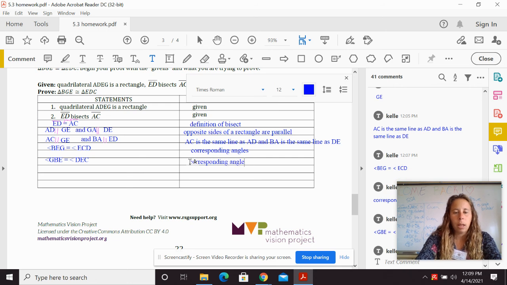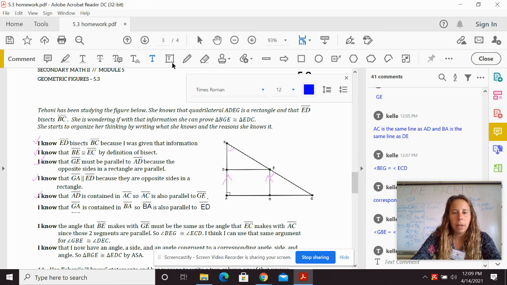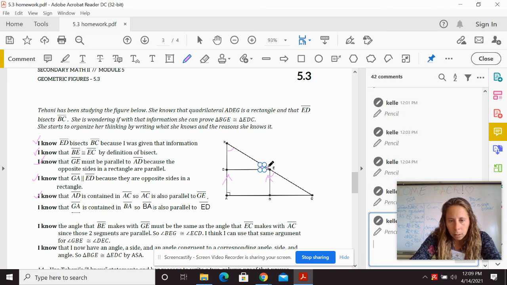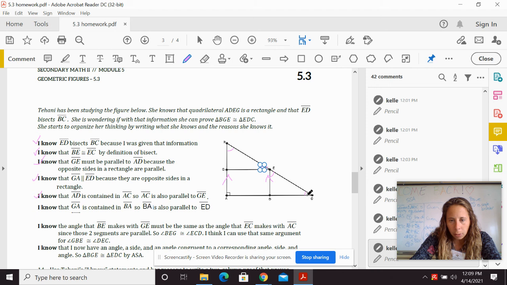So those angles are congruent. And we already proved at the very beginning that these sides are congruent.